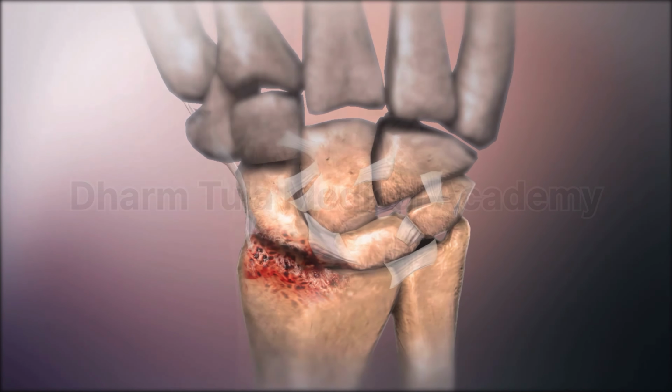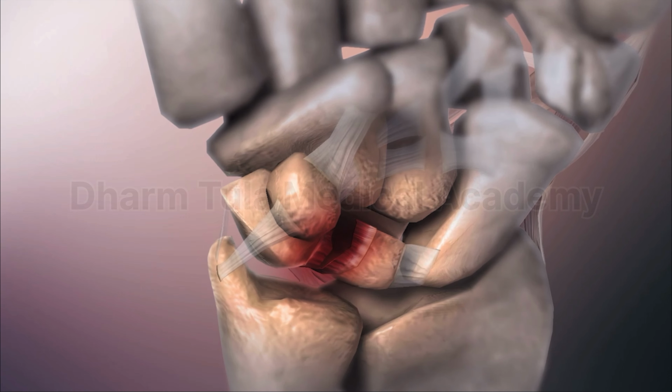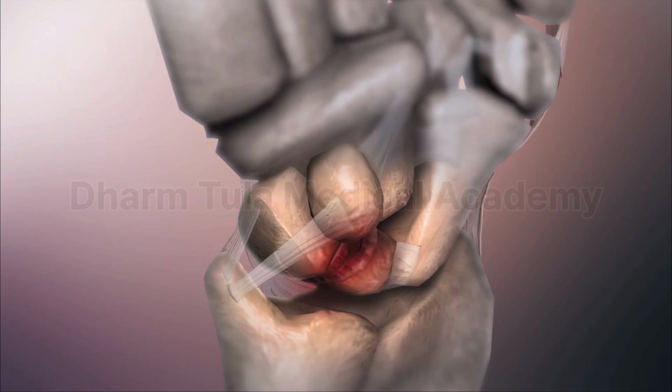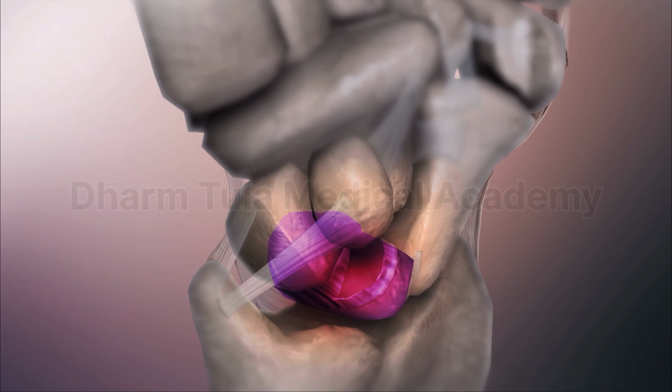In contrast, a rupture of the lunotriquetral ligament can result in a VISI deformity, a volar intercalated segmental instability, and now the lunate rotates into volar flexion.